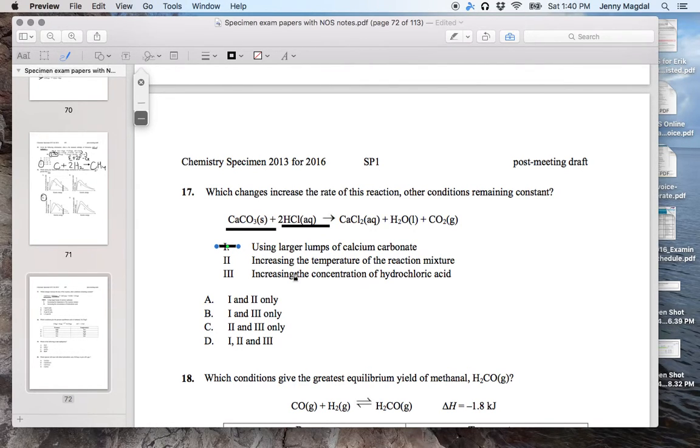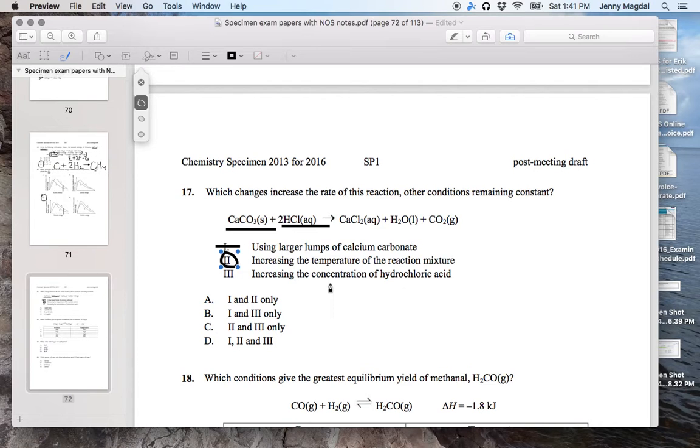Here we say we're increasing the temperature of the reaction. That should be speeding up the particles, and therefore if they're speeding up, they're probably going to hit more often with that amount of energy, the activation energy or higher, that's required for the reaction to occur. So this could very well be something that would speed up my reaction. And then we've got increasing the concentration of hydrochloric acid.